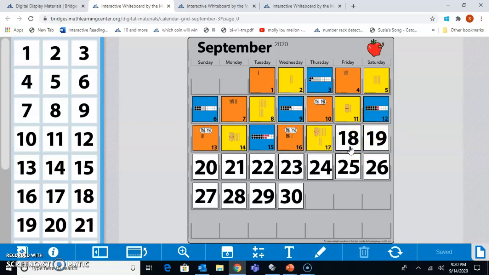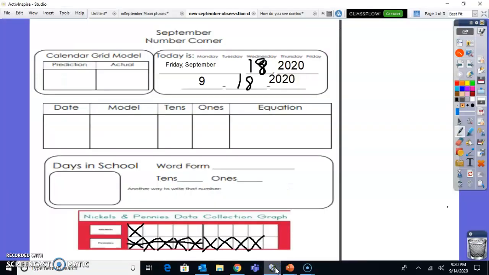Write in your prediction, and pause it if you need to. Let's flip it over. Oh, it's dots. Raise your hand if you thought it was dots. Nice job.